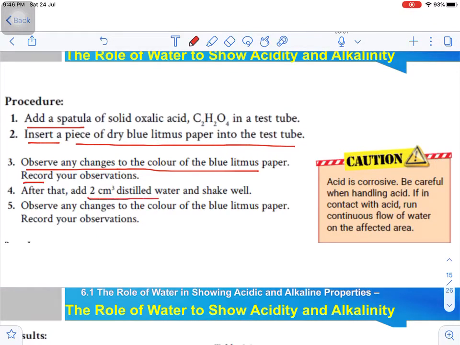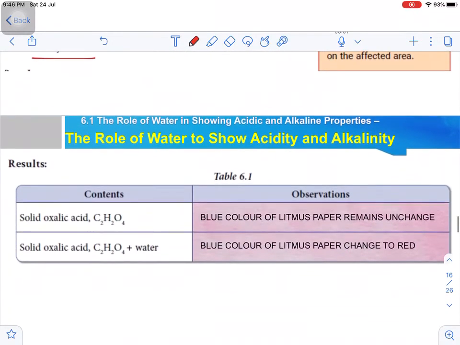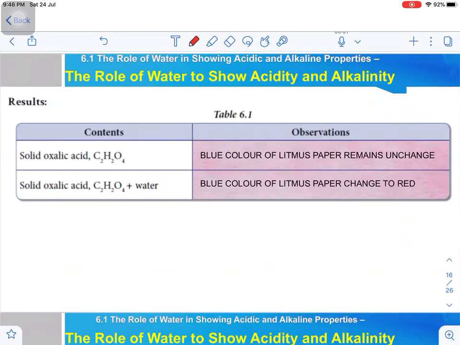When there is a liquid, we must mention the volume. And shake well. Observe any change to the color of the blue litmus paper and then record your observation. So result, for solid oxalic acid, the blue color of litmus paper remains unchanged, while when solid oxalic acid is added with water, the blue color of litmus paper changed to red.